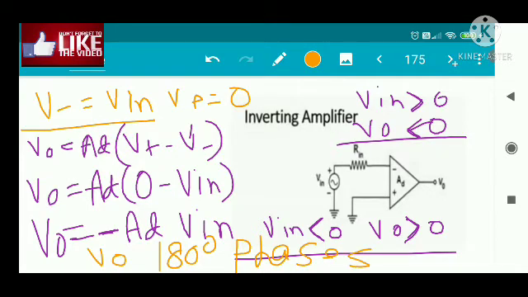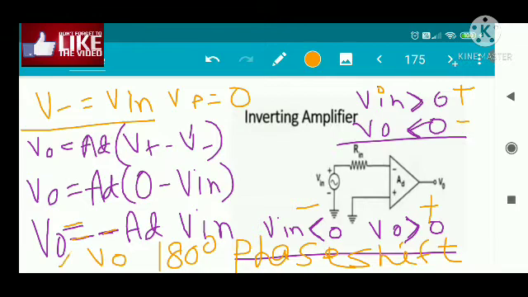Okay, so in the case of the inverting amplifier you will see this relation. That means V0 is represented by minus AD into V in. This is the equation for V0, and if V in is positive, V0 will be negative. If V in is negative, V0 will be positive.